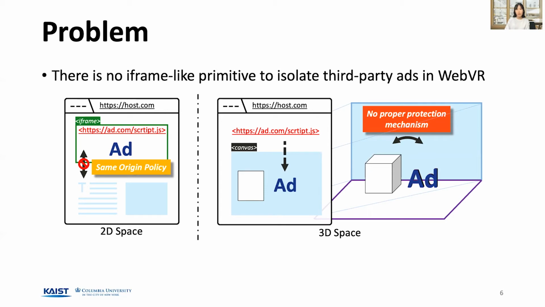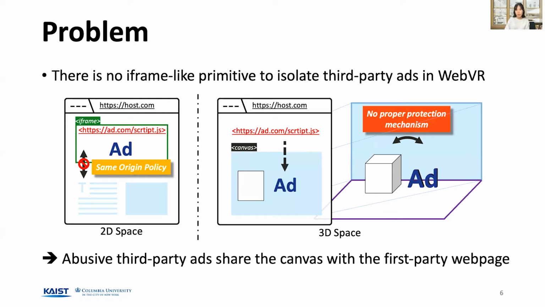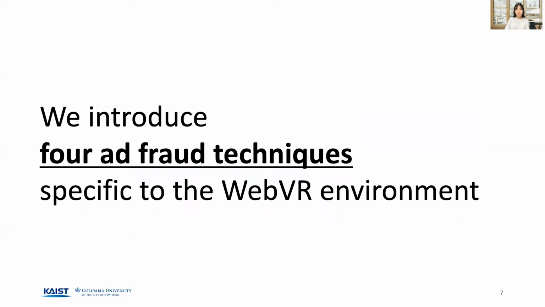Instead, it shares a portion of the displayed VR scene. As a consequence, malicious ad library providers can attempt new ad fraud techniques specific to the 3D environment to maximize their profit. In this study, we would like to introduce 4 ad fraud techniques that inflate impressions or click-through rates of advertising in WebVR.